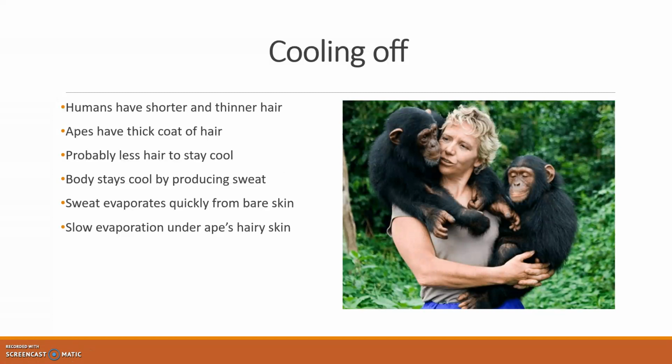And so for humans, the sweat can evaporate more quickly since it's not evaporating from a lot of hair. And for apes, since they have too much hair, they'll have slow evaporation compared to humans.